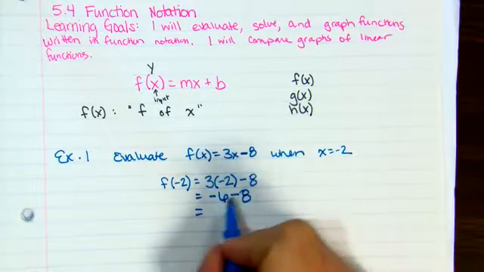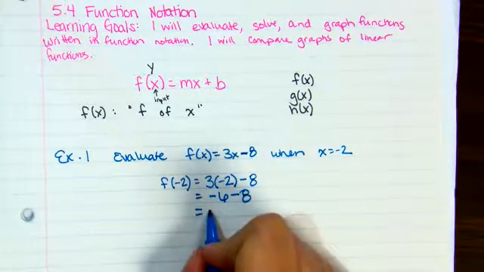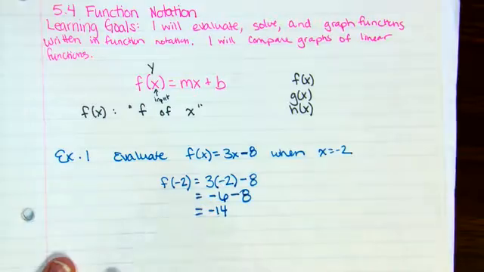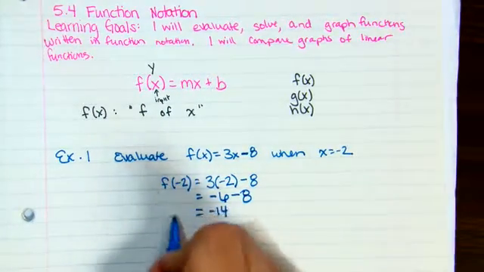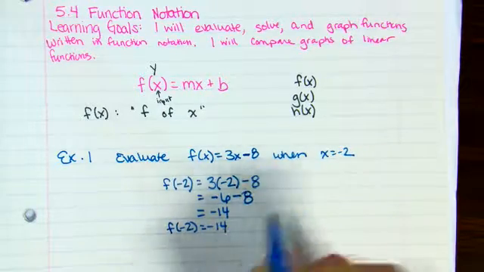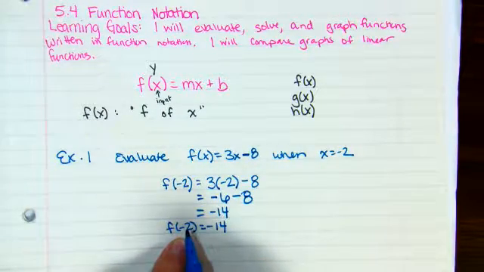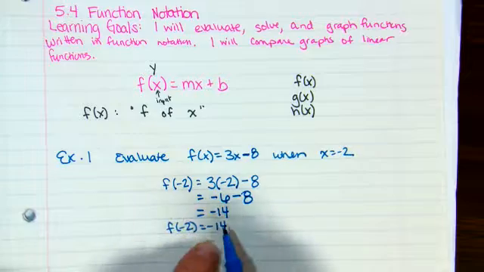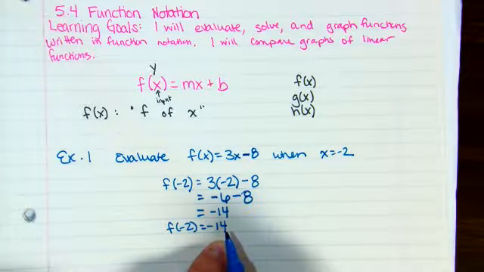Negative 6 minus 8, or negative 6 plus a negative 8, is negative 14. So what I would say for my answer is I could say f of negative 2 equals negative 14. Or when I put negative 2 into my function, I get out negative 14.